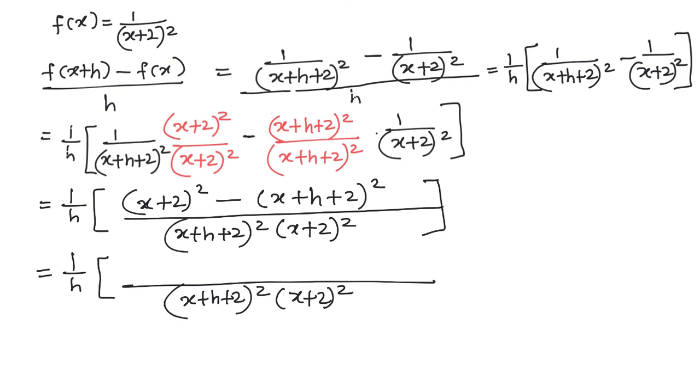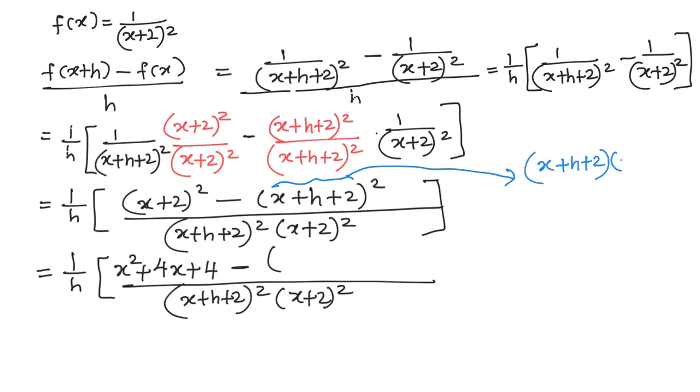So if I expand x plus 2 whole square, that is x square plus 4x plus 4 minus, if you don't know how to expand this, you can work that separately, like x plus h plus 2 times x plus h plus 2. Then take x and multiply each term. Then take h and multiply each term. Then take 2 and multiply each term. And then add or subtract the like terms.